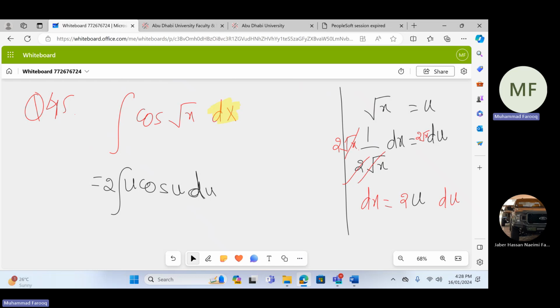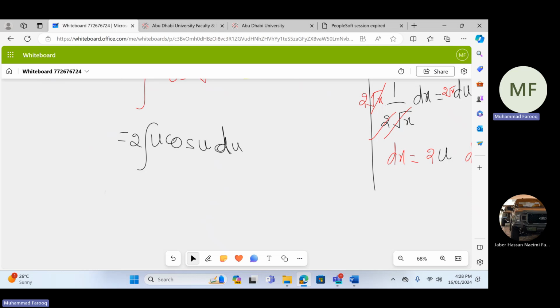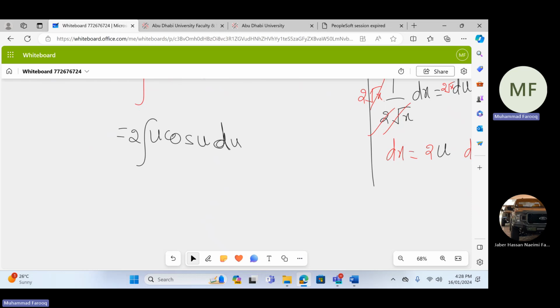You can try. This is only when the angle is root x. If it was x, it's fine. Now start: 2 stays as it is. Use the ILATE rule: first is u, the algebraic, and cosine is second.